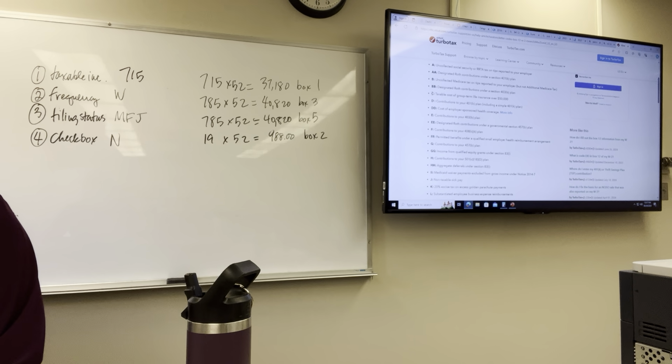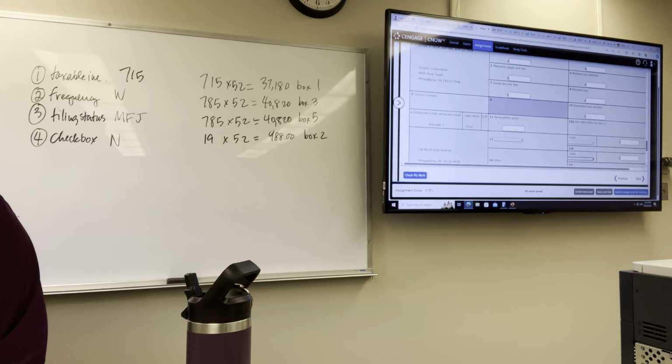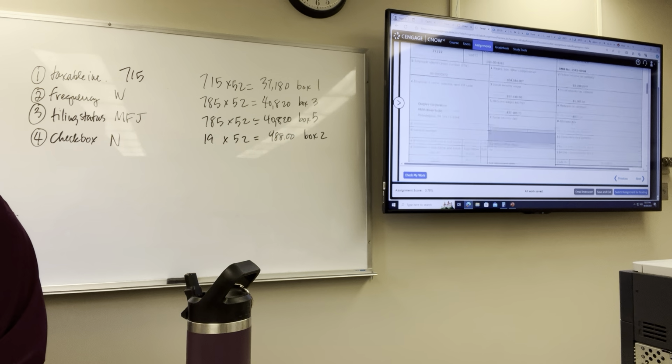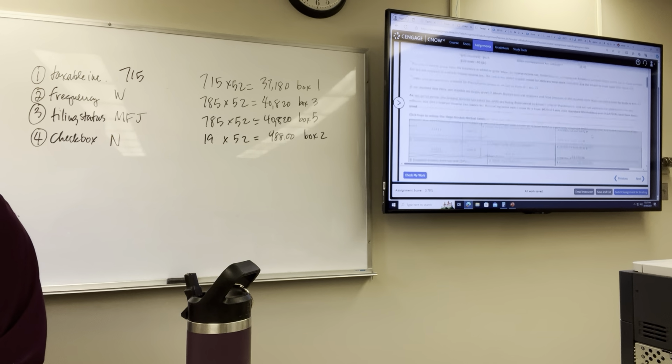So here, code C, taxable cost of group term life insurance over $50,000. So that code for this, so it's code C. So that 262.75.